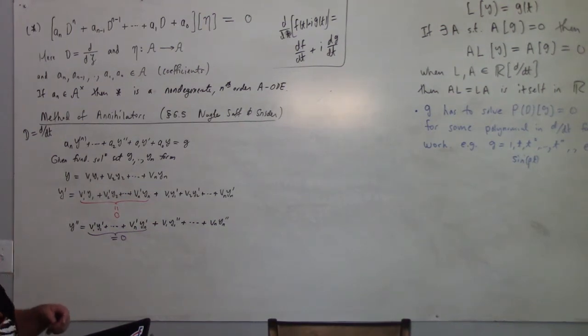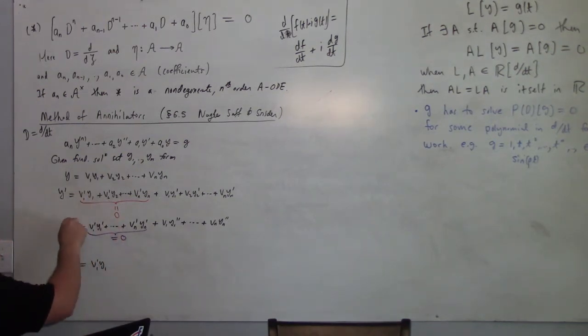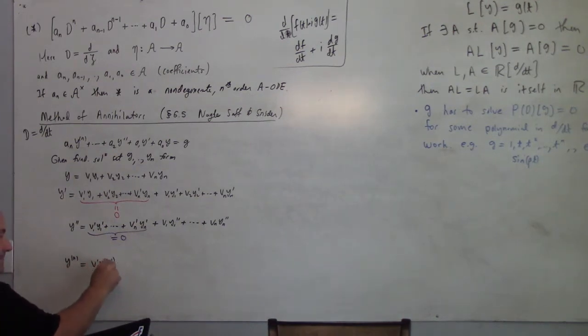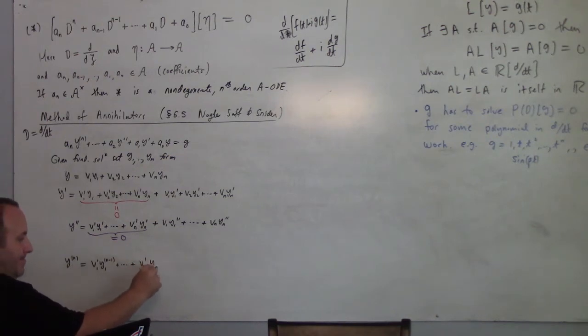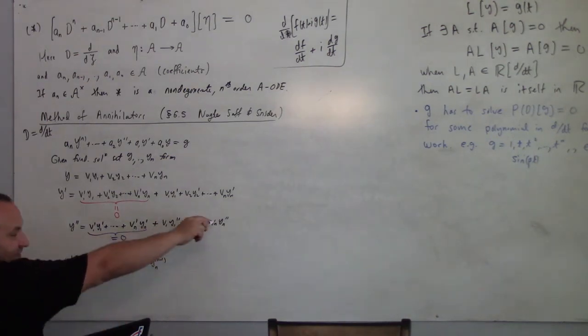Are you pretty much going until your y' just becomes 0, like a constant? Eventually we get to the nth derivative. When we get to the nth derivative, we get again v1' y1, and so on. The second had the first derivative, the nth will have the (n-1)th derivative here, and it'll have the nth derivative over there.